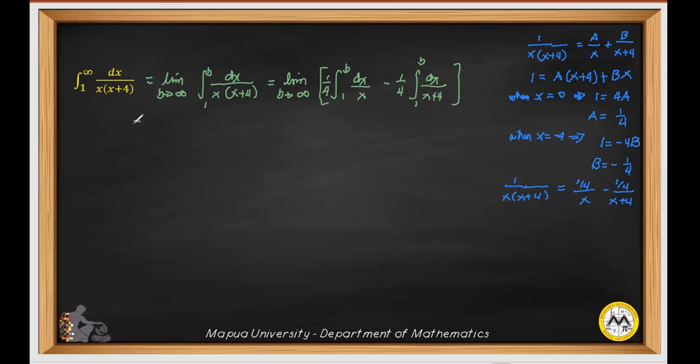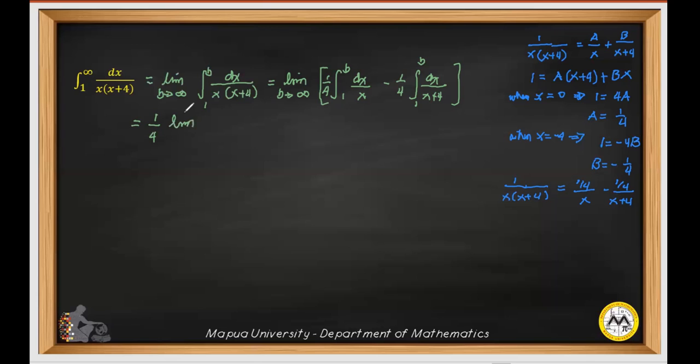And if we are going to evaluate both integrals, it leads to natural logarithm. And we might as well write 1 over 4, which is present in both integrals, no? We can write it outside the grouping symbol, and it is also equivalent to writing it before the limit.